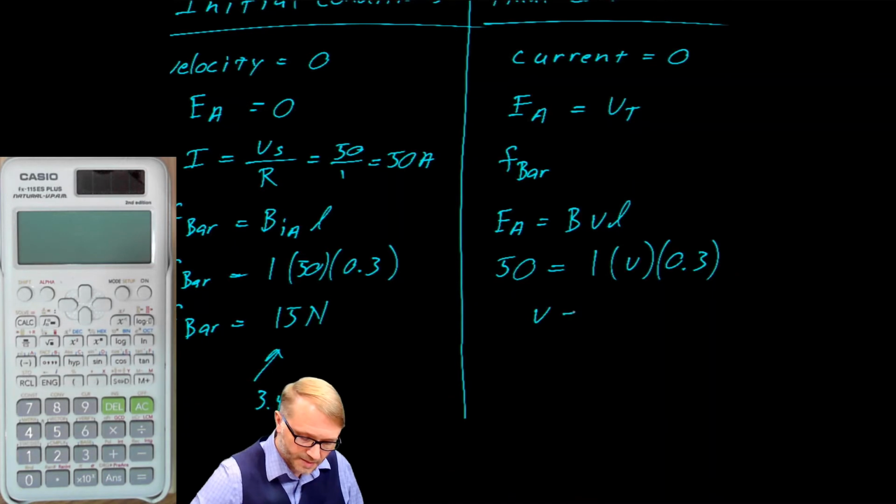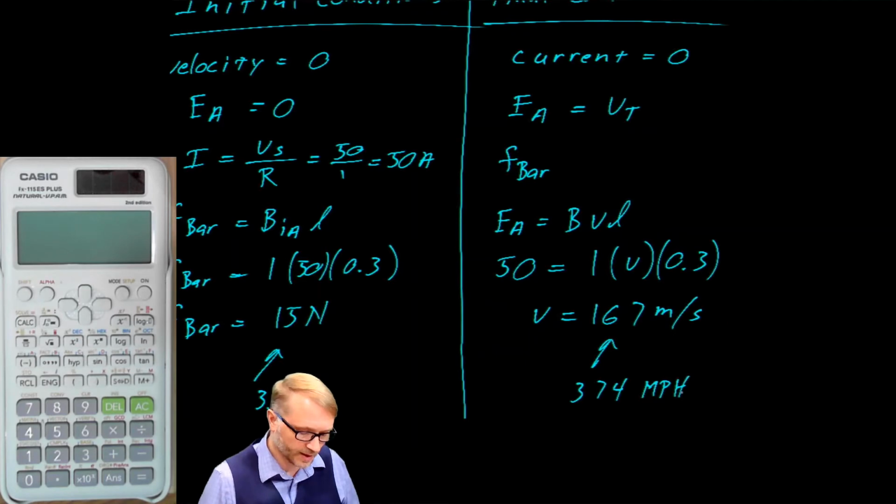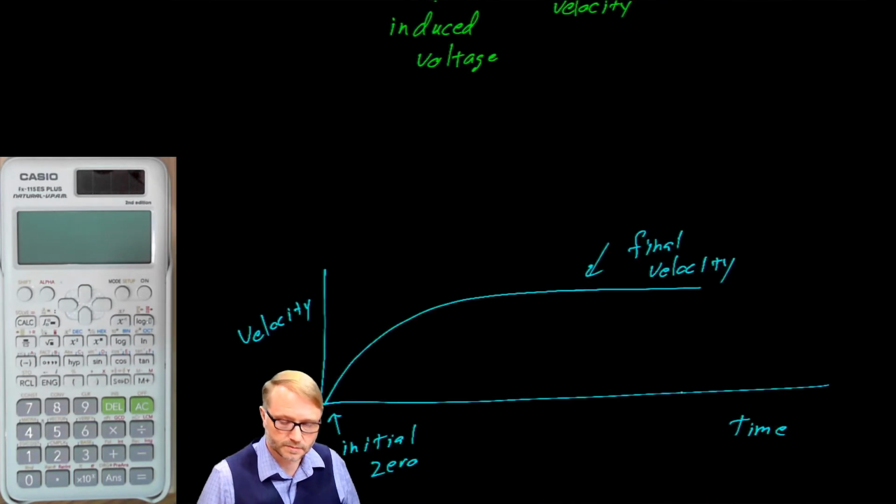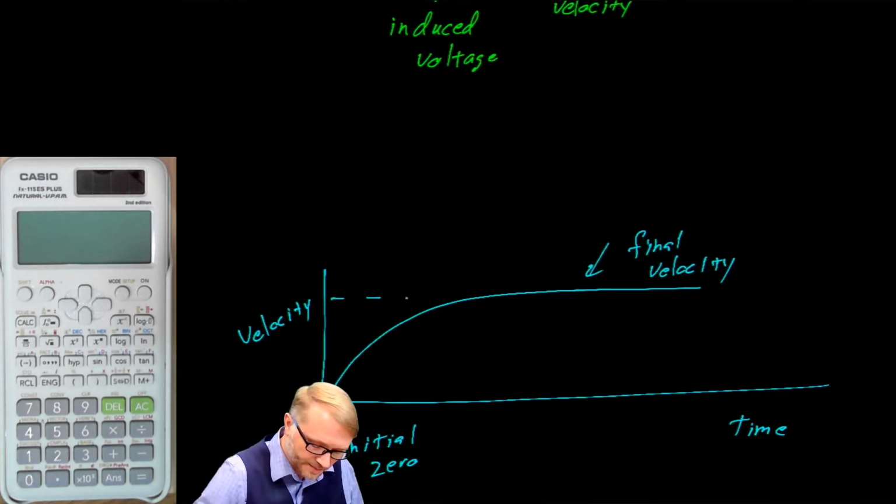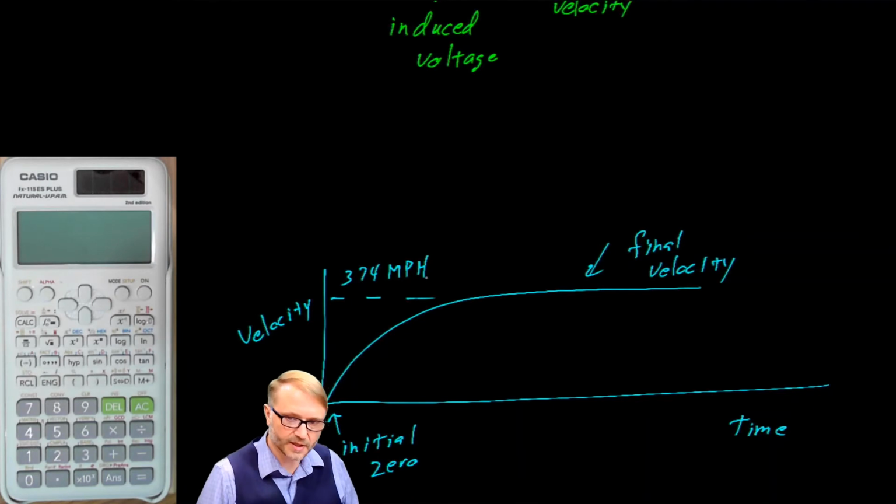Solving for velocity, about 167 meters per second, which works out to about 374 miles per hour. So our final velocity is about 374 mph. We started out at 0, and we quickly reached 374.